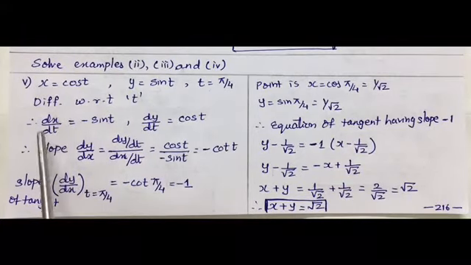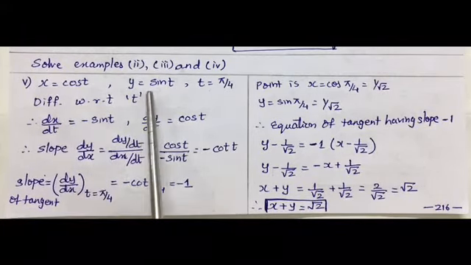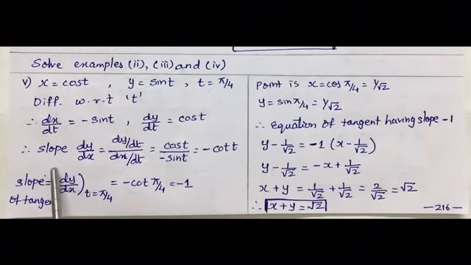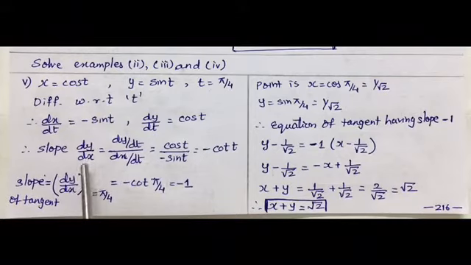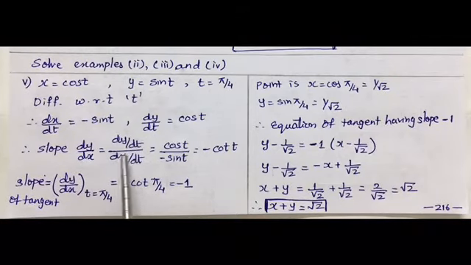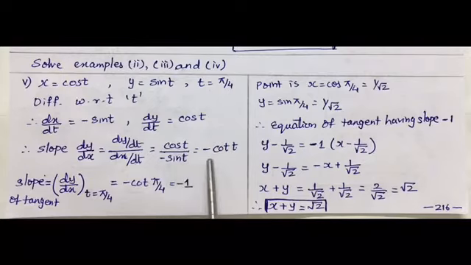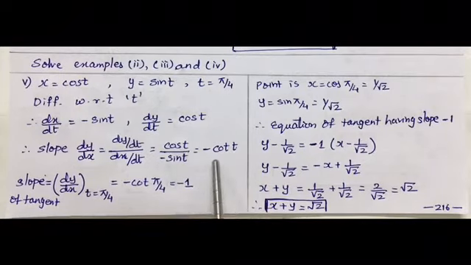So dx by dt becomes minus sin t, dy by dt becomes cos t. Now slope is dy by dx, that is equal to dy by dt upon dx by dt, and that is equal to cos t upon minus sin t, which is equal to minus cot t.